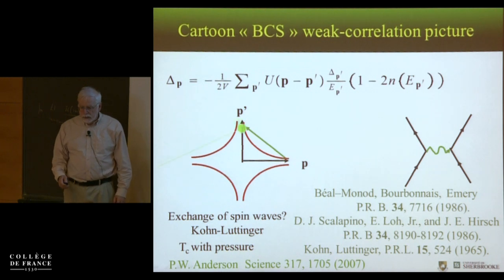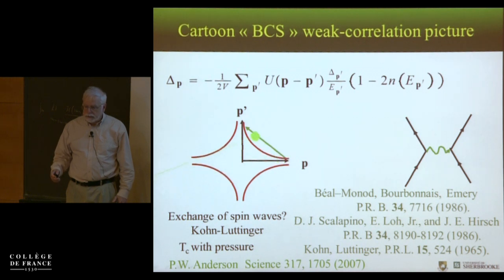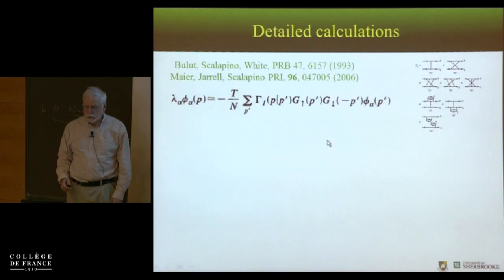Suppose that you take delta positive. Then if P minus P prime is peaked around this direction, which would be the case for scattering off an antiferromagnetic wave, then you see that it's P prime in this region that's important. And since it's negative, you get rid of this negative sign, and you can still get a solution.